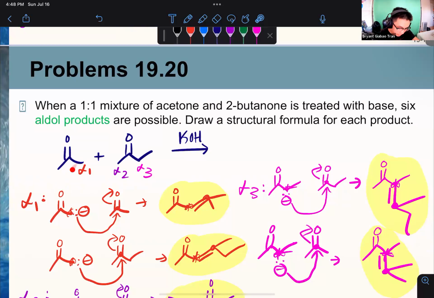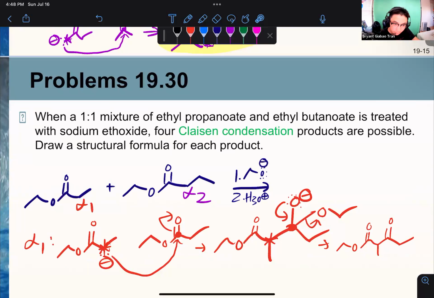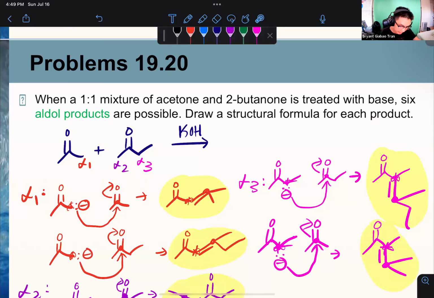It's symmetrical. After you identify all your unique alpha carbons, you attack every single possible electrophile there is. So it could attack itself, or it could attack the other molecule electrophile. So in this case, alpha 1 here could attack itself, which we did, or it could attack this other molecule.